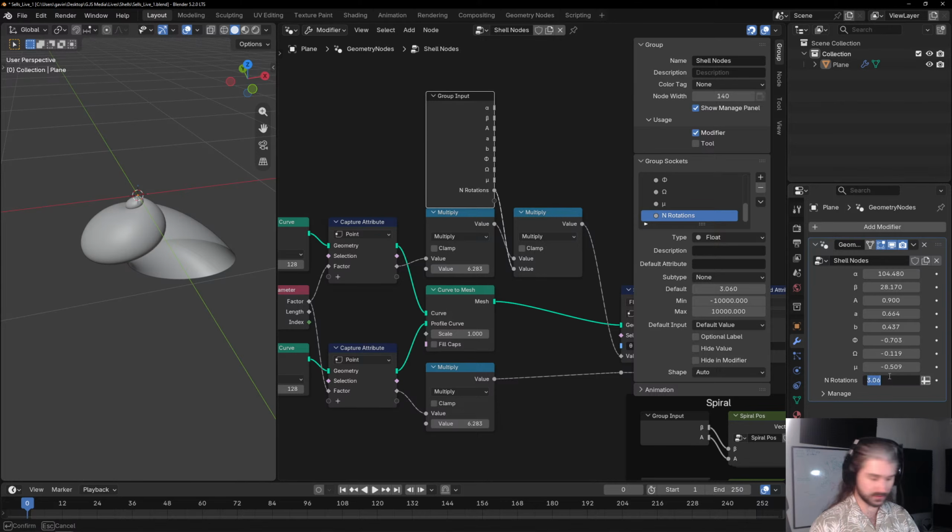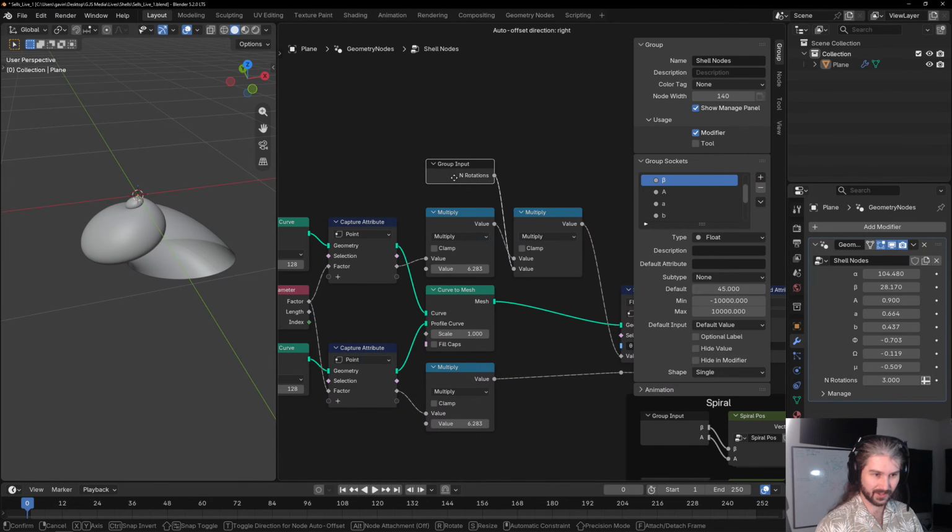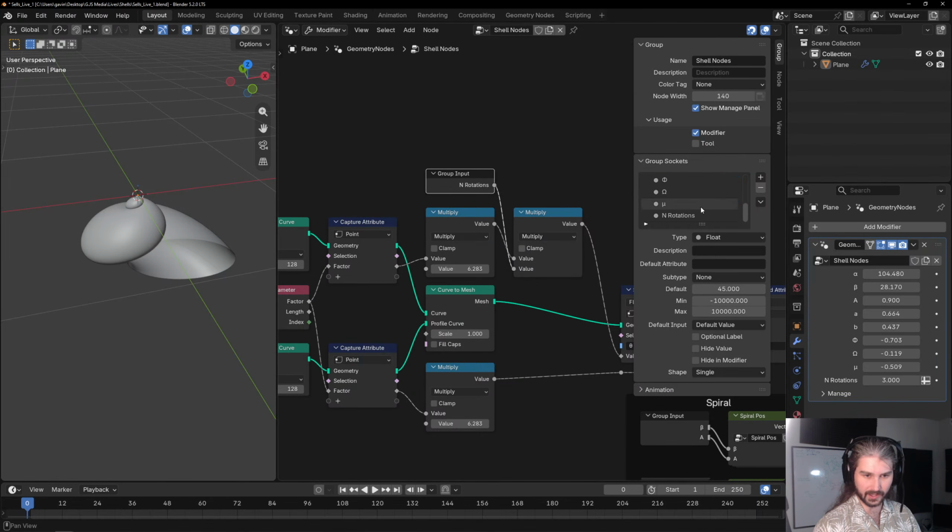That's the number of rotations we're going to have going around our spiral. It would be in terms of a full rotation because we're multiplying it by tau. If you wanted it to be in terms of half a rotation, multiply it by pi, because that's half a tau. So in rotations, I'm going to move that up to the top.